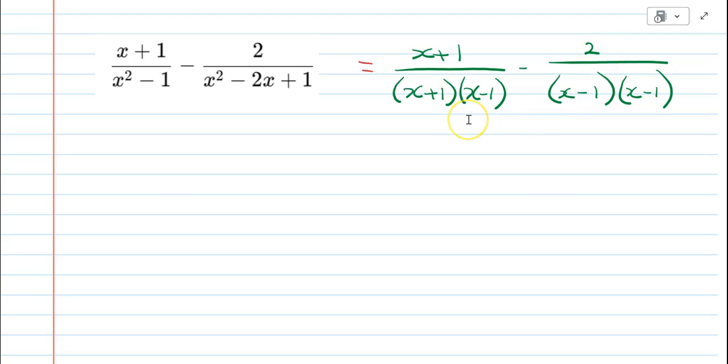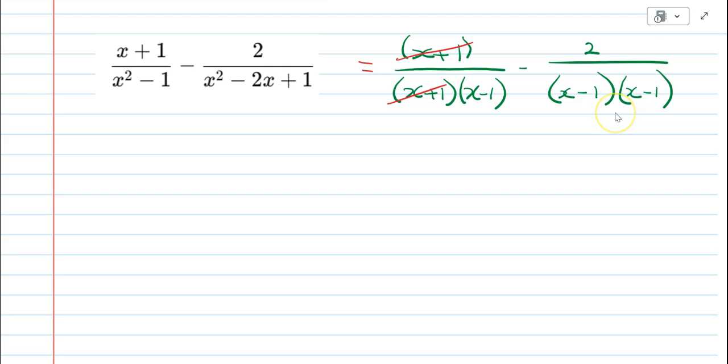Now that we have this, the other thing we need to do is simplify before we go ahead. To simplify, make sure that you're dividing common factors. For the first expression, x plus 1 and x plus 1, you can divide. So now we can rewrite. The second expression, we can't really do anything to that.